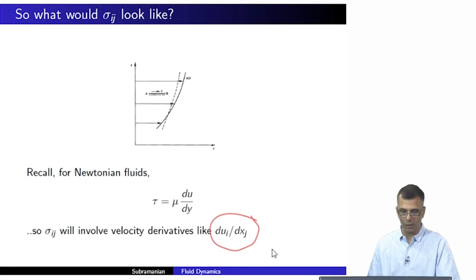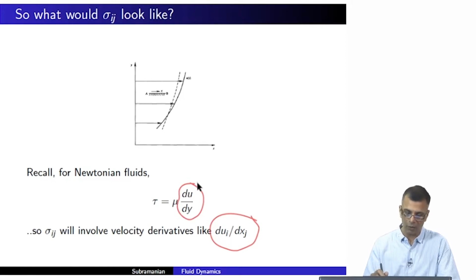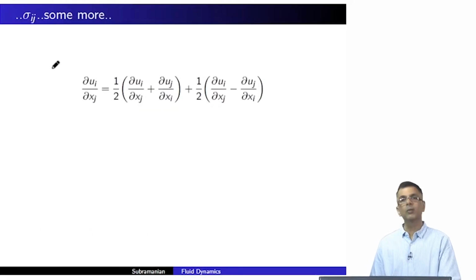The sigma ij will involve velocity derivatives of this kind, cross derivatives. If you have an x here, it would be a y here. If you have a y here, there could be an x here. There would be cross derivatives, right? So this is a general way of writing it.